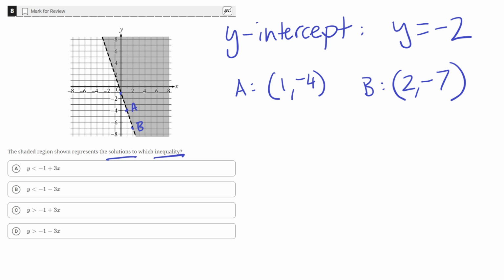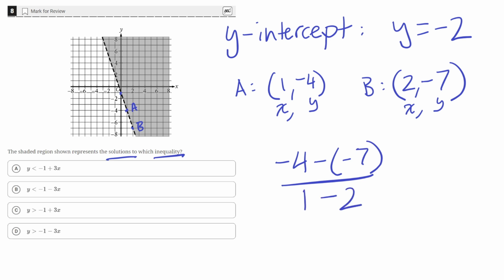So let's find the change in the y values and divide that by the change in the x values using the xy coordinates. So first let's subtract the y values. So it'll be -4 minus -7, and divide that by the change in the x values, 1 minus 2.